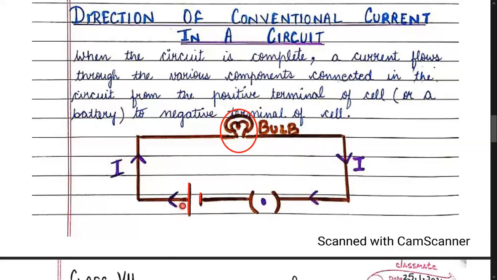So as you can see the arrows, the arrow represents the direction of electric current. It flows from positive terminal to the negative terminal of the cell.